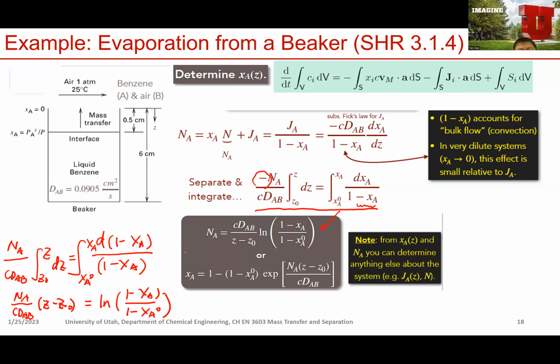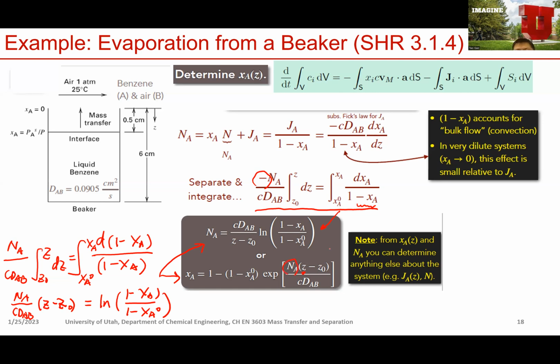Then if you rearrange this equation, you get this. So you can rearrange this equation to get the flux equation. You can also get xa as a function of z. Now with this equation, the only thing that's unknown is just Na.